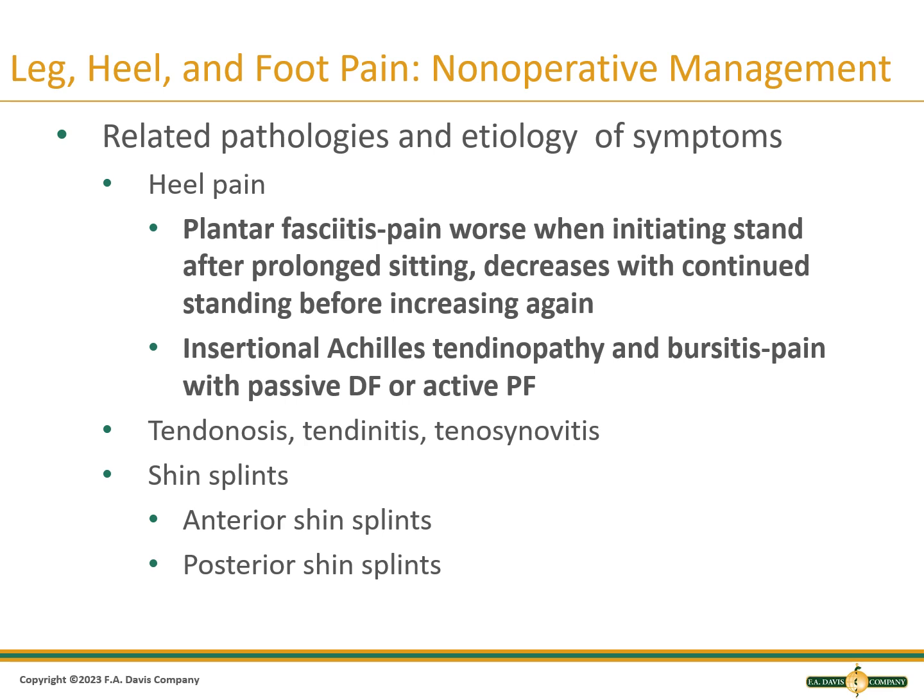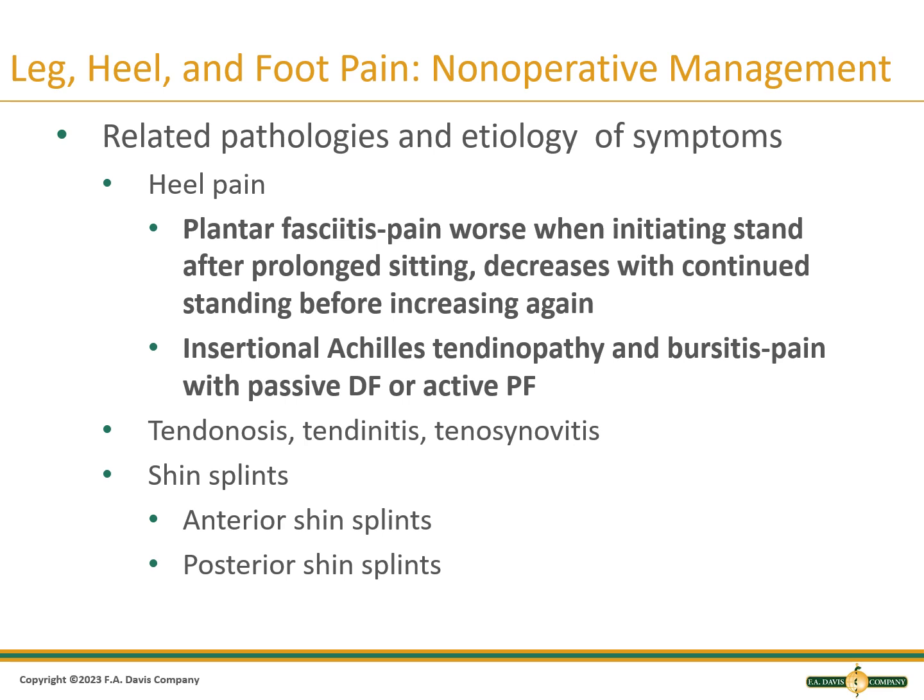Comparing that with our insertional Achilles tendinopathy and bursitis, these patients are going to have pain that doesn't necessarily change with their weight-bearing status, and they're going to have pain with passive dorsiflexion or active plantar flexion where we are engaging that tendon. Our tendinosis, tendinitis, and tenosynovitis are going to be related to any of our tendons that cross into the ankle, so any of the muscles that we've talked about can be irritated, but the treatment for them is going to be essentially the same.